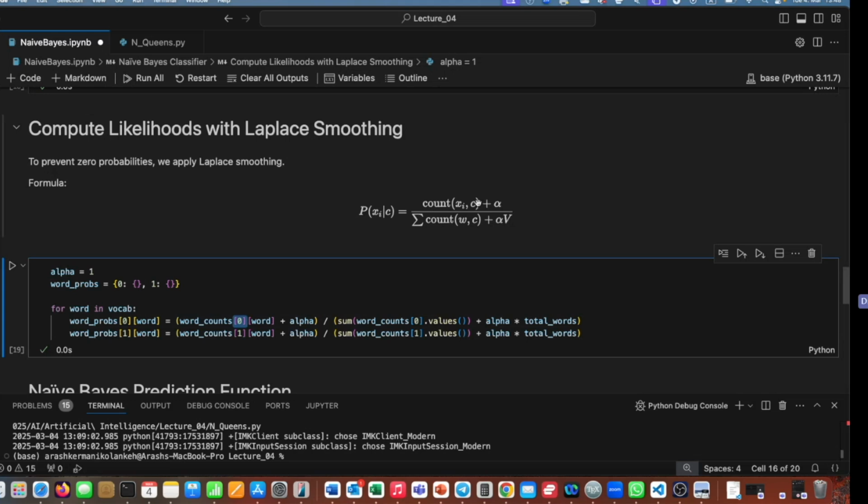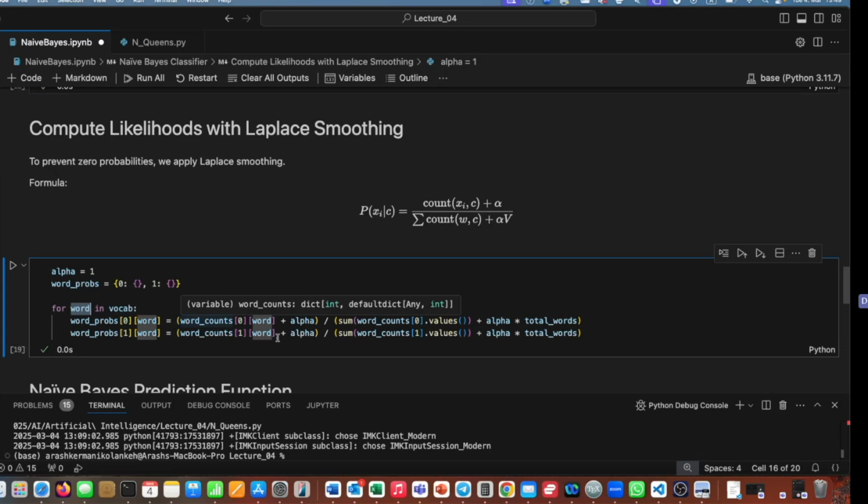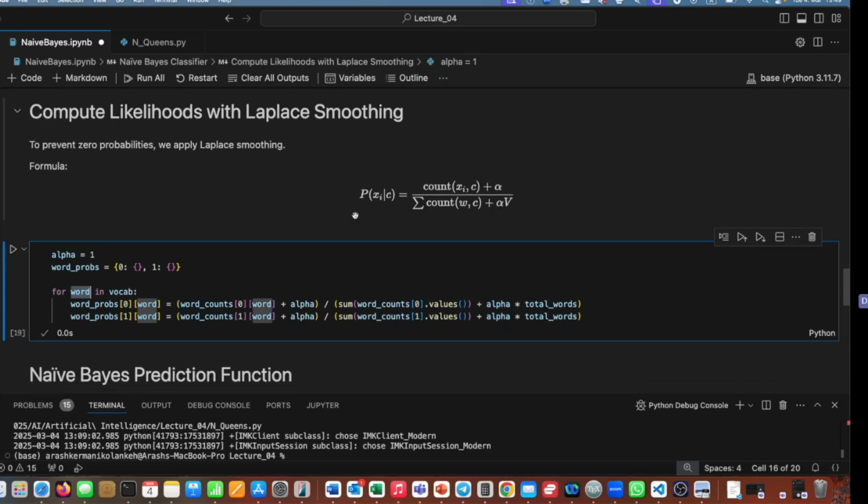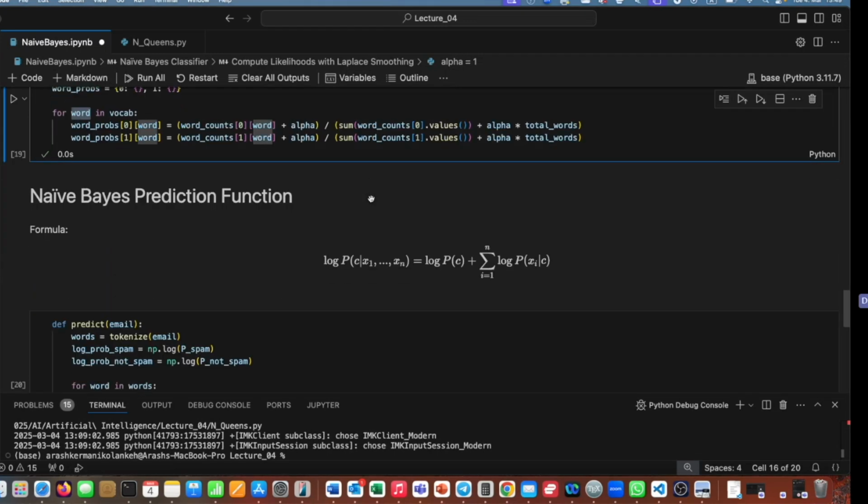So we have class 0 here, the count of the word in that class 0. So you go one by one over all of your vocabulary, or of your words, and see the count of each of them. Then you will have the probabilities of each word or each characteristic of a sentence in each class.